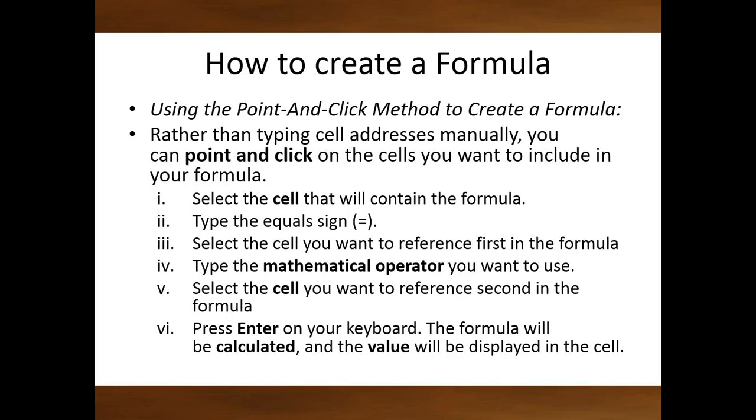And it's for the purpose of, let's say, if you have to write the formula on paper, you will not use point and click, you have to write it. That is why I taught you how to type it first. Now we are going to the second method. Let us look at the procedure for creating a formula using the point and click method. Step 1 says select the cell that will contain the formula.